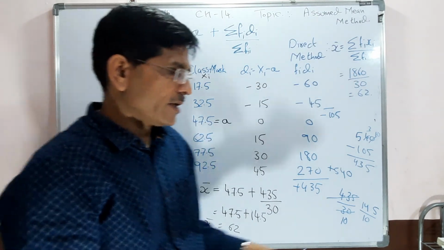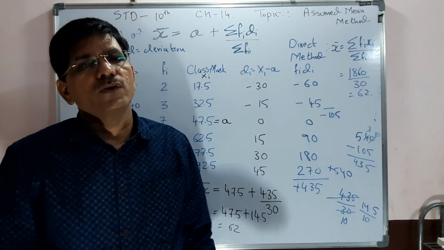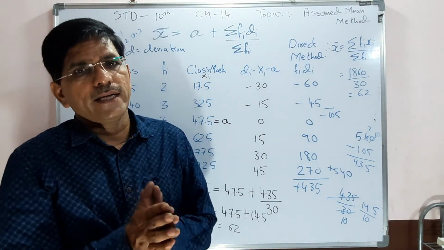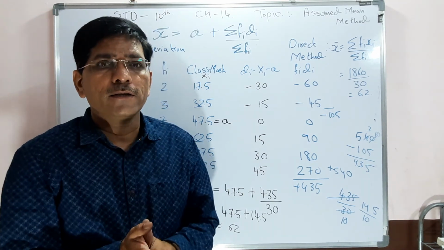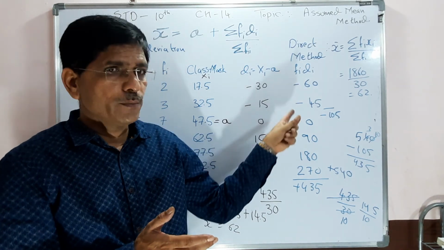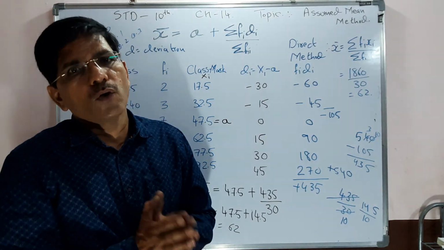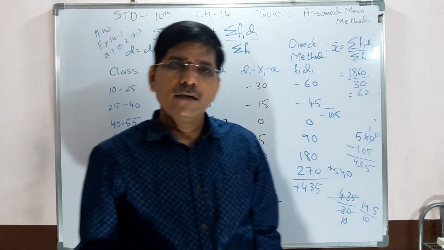In each lecture we take one method. So in mean there are 3 methods: direct method, assumed mean method, and next we will go on to the step deviation method. Afterward we will go on to mode and median.